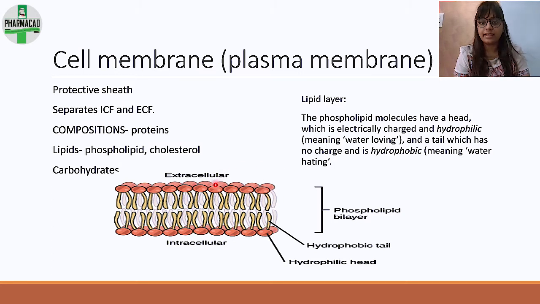The heads are electrically charged and hydrophilic. When we say hydrophilic, that means they love water. Phil means love, hydro is water, so they are water loving. And the tail has no charge and is hydrophobic, that means it hates water or is scared of water. Phobia is scared, right? So that is the tail part.